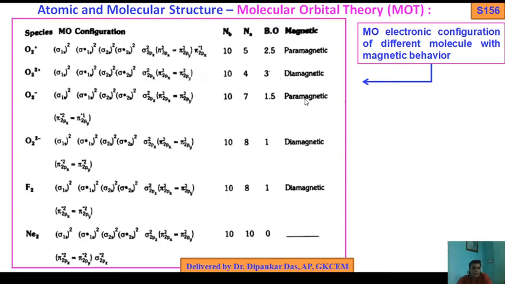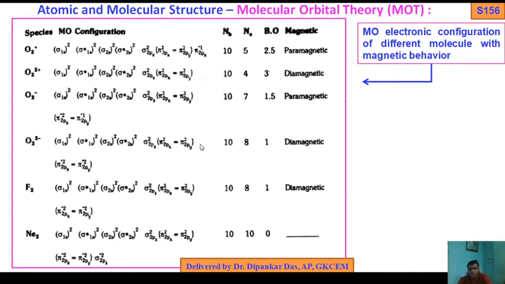Okay. Next, O2 2 minus. It accepts 2 electrons. That means pi star 2py1 becomes pi star 2py2, because of 18 electrons, which is equivalent to nothing but F2. So sigma 1s2, sigma star 1s2, sigma 2s2, sigma star 2s2, sigma 2pz2, pi 2px2 equivalent to pi 2py2, pi star 2px2 equivalent to pi star 2py2, total 18 electrons.